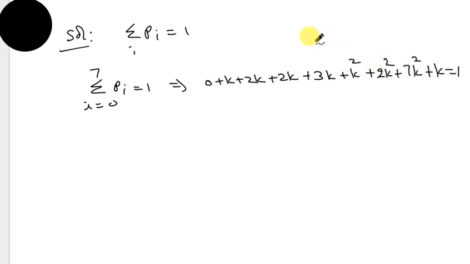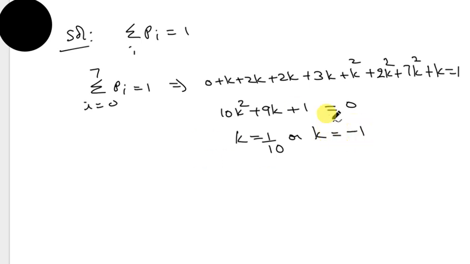Now when I add all this, I will be getting a quadratic in k. So I get 10k squared plus 9k plus 1 equal to 0. Upon finding the roots, k will take either the value 1 by 10 or k equal to minus 1.